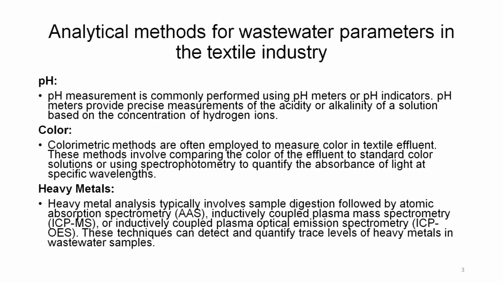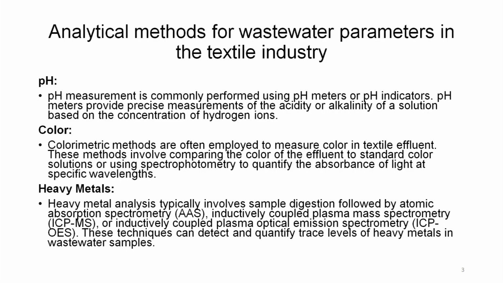Heavy metals analysis typically involves sample digestion followed by atomic absorption spectrometry, that is AAS, inductively coupled plasma mass spectrometry, that is ICP-MS, or inductively coupled plasma optical emission spectrometry, ICP-OES.